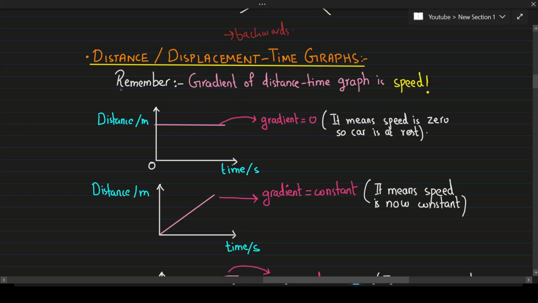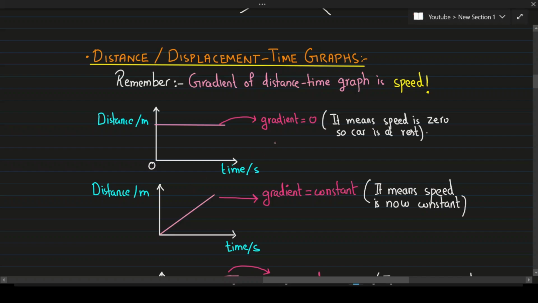So the first thing that you need to remember is that the gradient of a distance-time graph is speed. Because if we take the gradient of this graph, we have distance on the y-axis and time on the x-axis, so I'm doing the rise upon run, which gives me speed. So always remember that a distance-time graph gives you speed and a displacement-time graph gives you velocity.